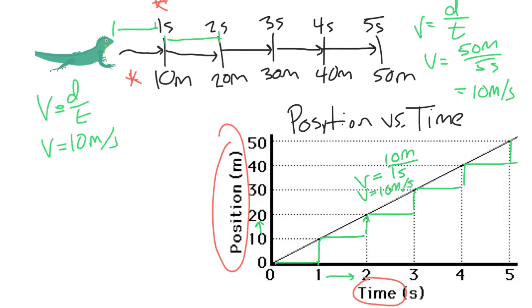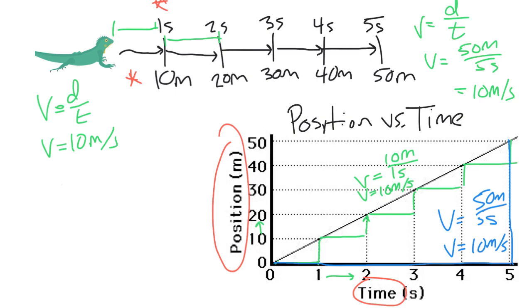And I can do the same thing with his entire movement. Right, so if I go the entire time, 5 seconds, he moved 50 meters. So my velocity, my average velocity is 50 meters in 5 seconds. My velocity equals 10 meters per second. And so you're probably seeing a trend here.